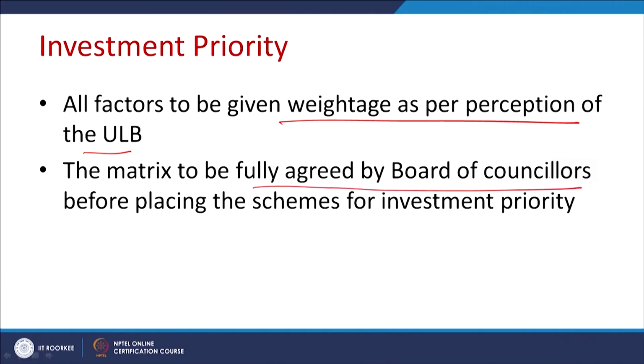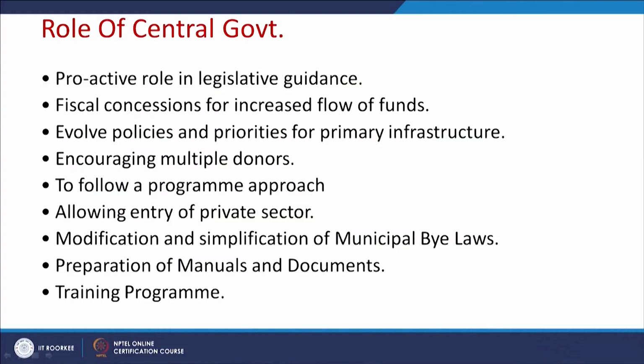The matrix is to be fully agreed by the board of councillors before placing the schemes for investment priority. The matrix has to be brought through a win-win situation between the board of councillors, the people and the technical group. So, these are all basic strategies we use in terms of revenue augmentation, management of expenditure, management of assets, and management of investment.